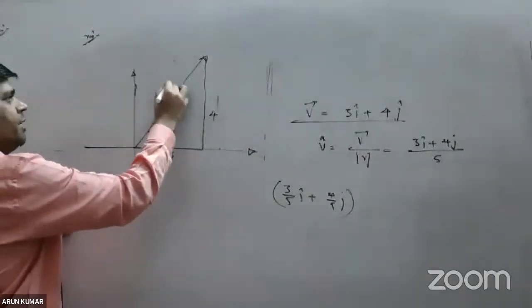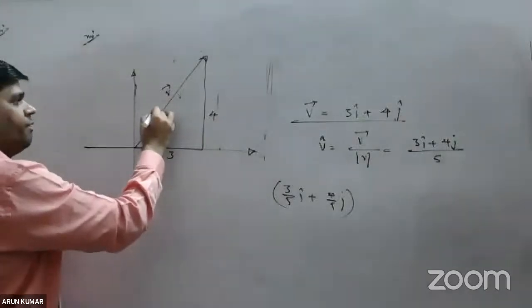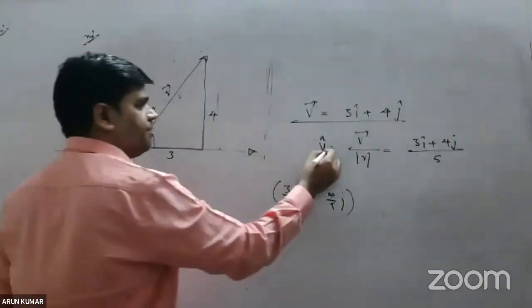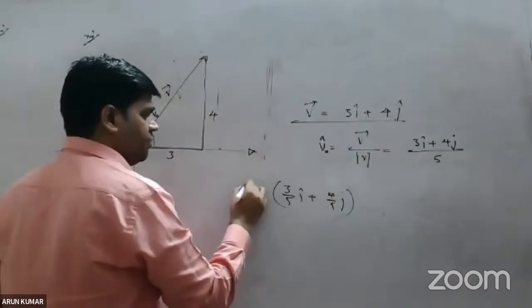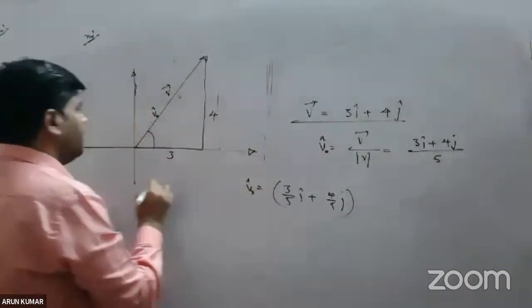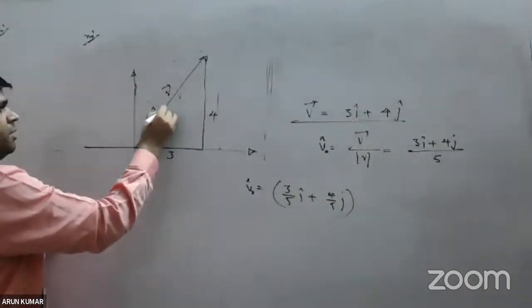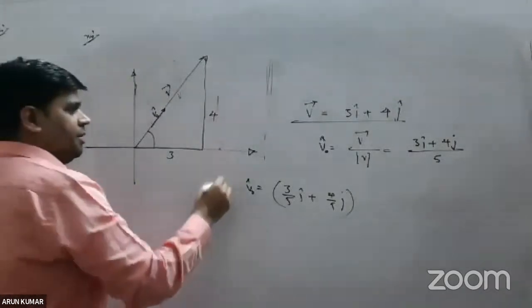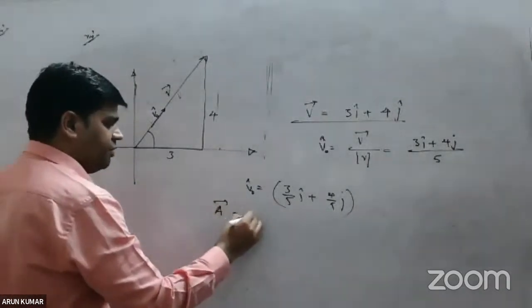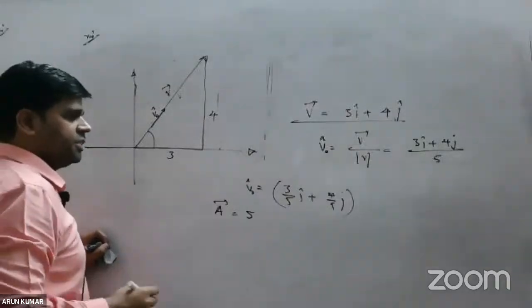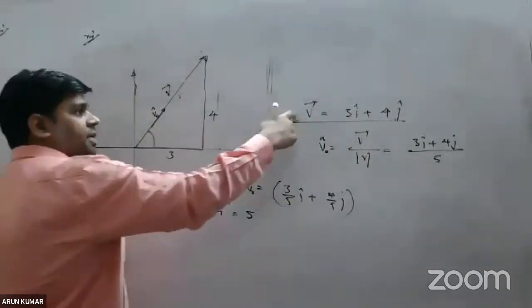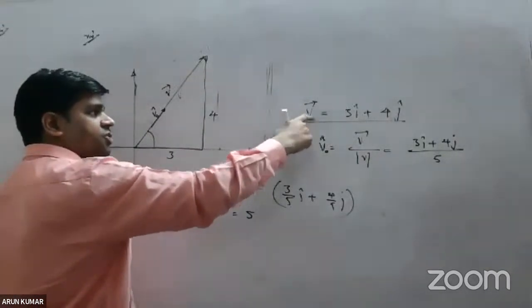So this is v bar, and v naught cap is in this direction. So this is my v naught cap. But now the question is, I want a vector a bar, which is of 5 units, in the direction of v bar.